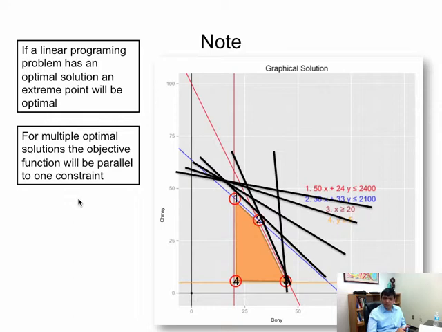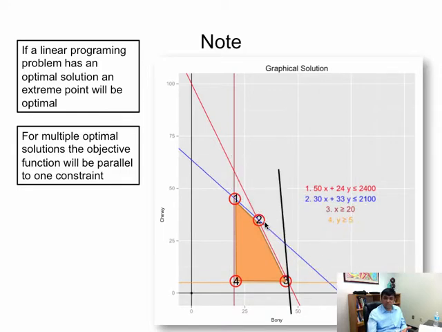You may also want to notice that in a scenario where your objective function line is parallel to any of the constraints, you will have at least two and at the same time an infinite number of solutions. Let's say this line was parallel to our constraint number 1, which is 50x plus 24y.